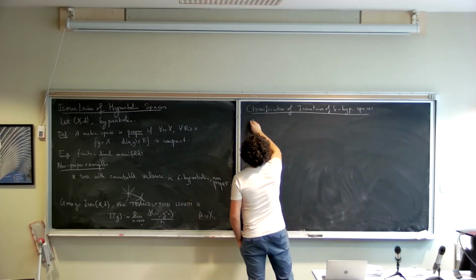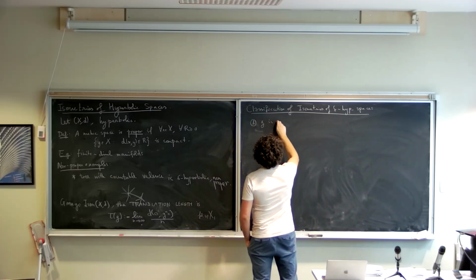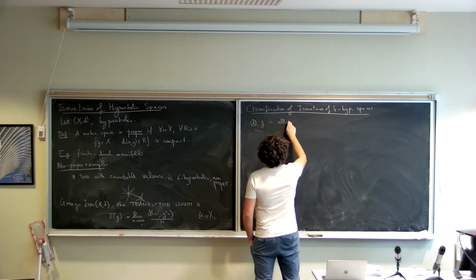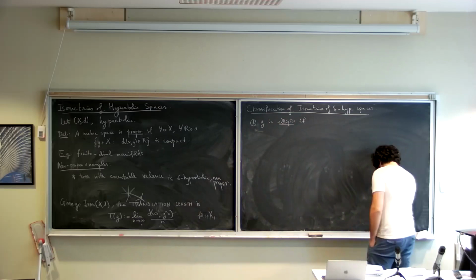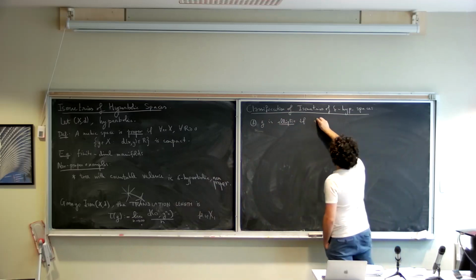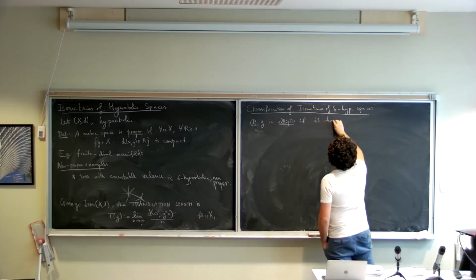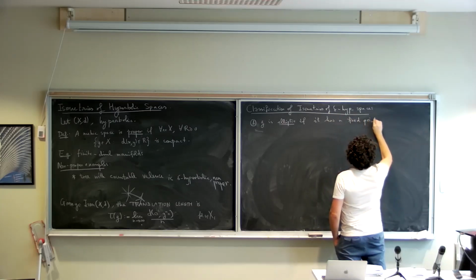So the first one is: G is elliptic if it has a fixed point in X.